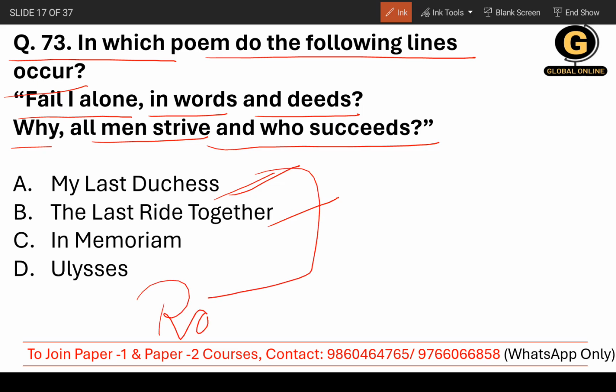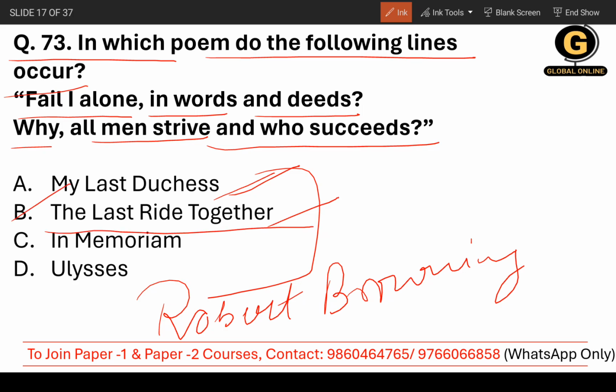Robert Browning, very famous writer from the Victorian age. Third, In Memoriam. Of course, In Memoriam is written by somebody else. Ulysses was also written by somebody else, Alfred Tennyson. So the correct answer is The Last Ride Together, where the writer has said this.